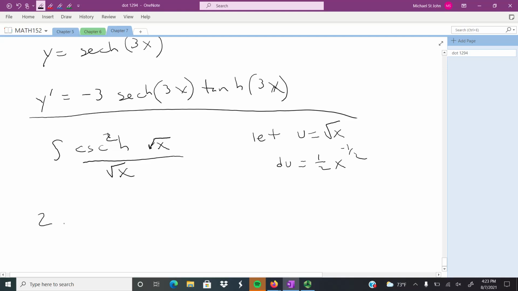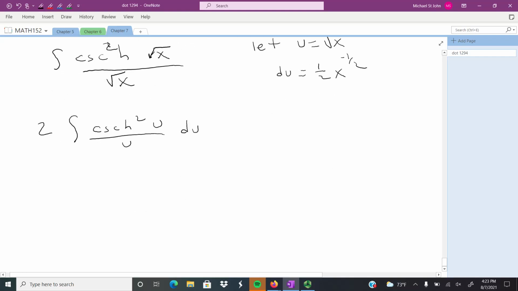So this becomes 2 integral of hyperbolic cosecant squared u du. And so if we integrate this, we end up with minus 2 hyperbolic cotangent of u plus c. So minus 2 hyperbolic cotangent of the square root of x plus c.